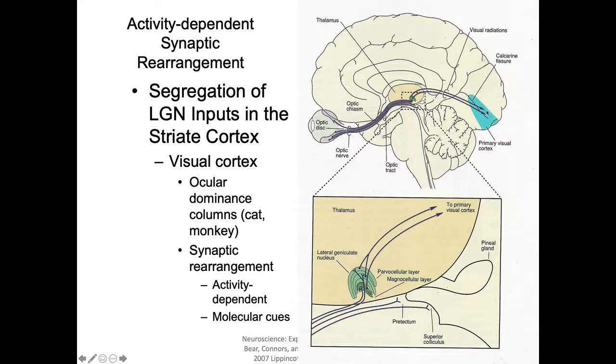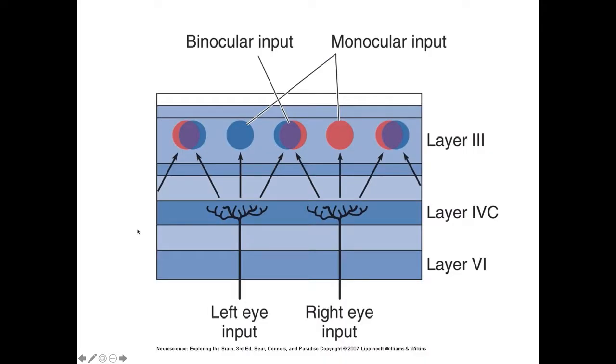So our focus and the pictures we're going to show are basically a cross-section looking from most superficial to deeper layers of this primary visual cortex and the type of input it gets. So in this picture, what we're seeing is a depiction of layer 3 here, and then layer 4C, which is where a lot of the input's coming in from the thalamus and going into the cortex.